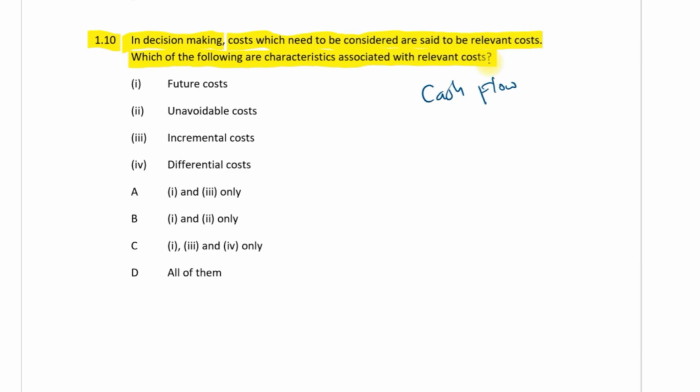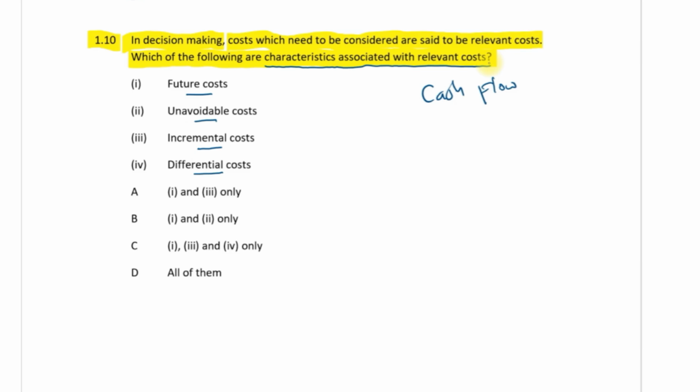Now, this question is asking the characteristics associated with relevant costs. Okay, so number one, are they future costs? Are they unavoidable? Are they incremental? Or are they differentiation costs?